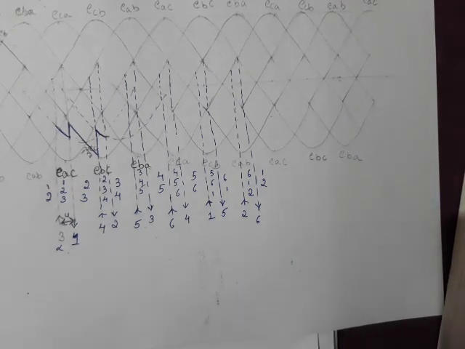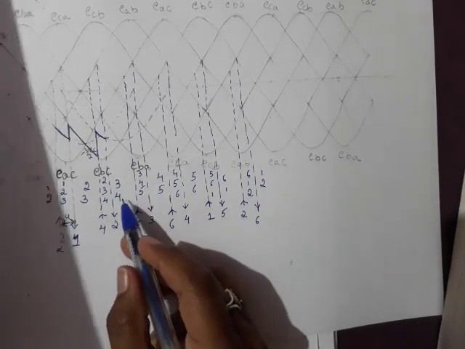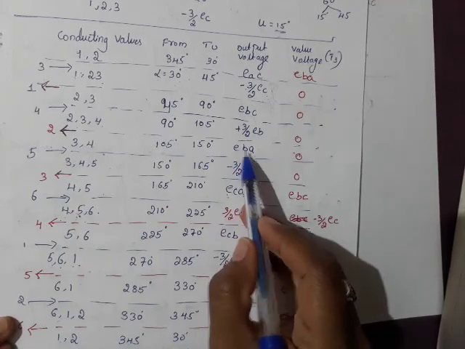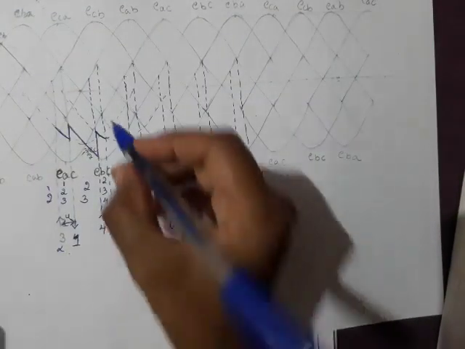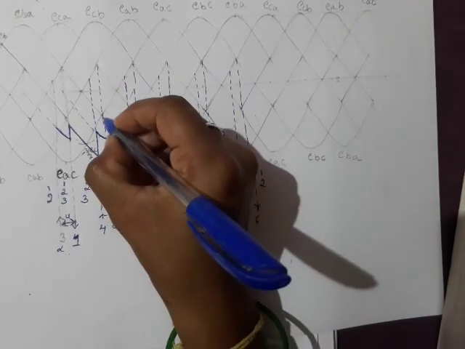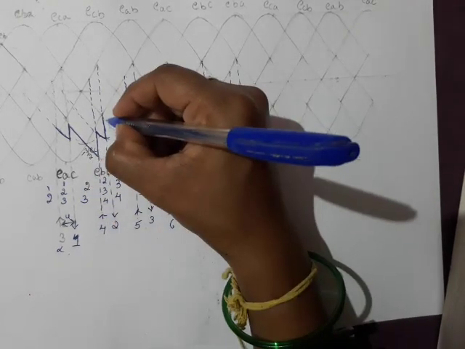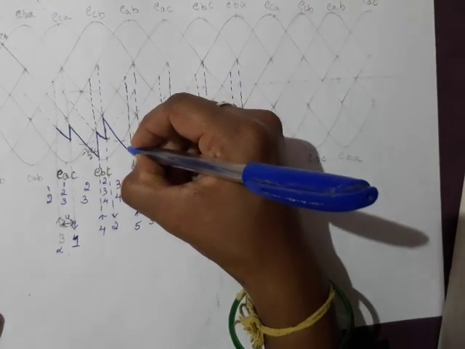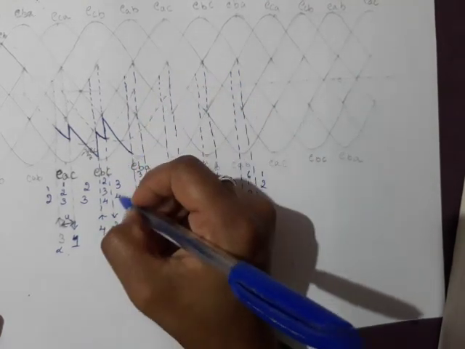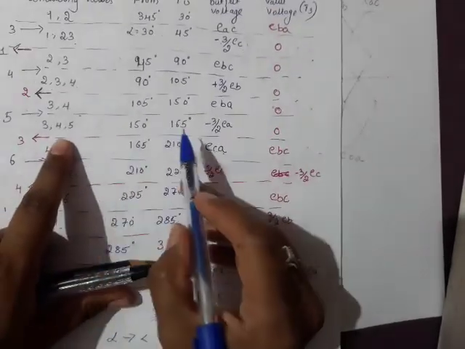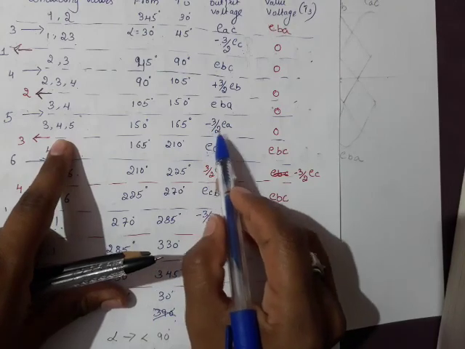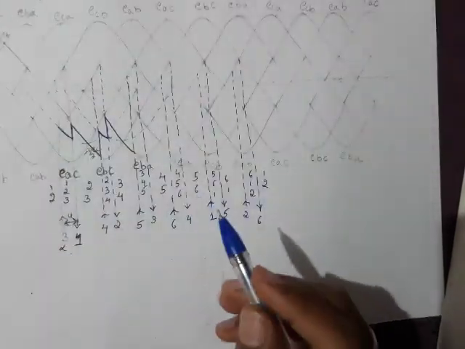So if you write, then only you will understand. Okay. Please write this. Then we have valves 3, 4 conduction. With valves 3, 4 conducting, my output is line voltage, that is EBA. Okay. See here I have EBA. After this point it will fall to EBA. Then it will follow EBA till valves 3, 4 conduct. Okay. Then we have valves 3, 4, 5. When 3, 4, 5 are conducting, output voltage is minus 3 by 2 times of EA.